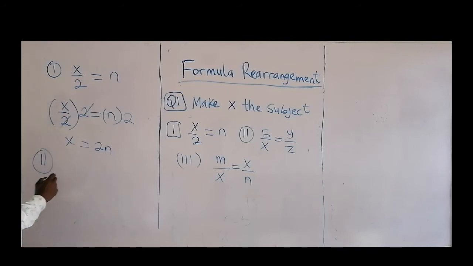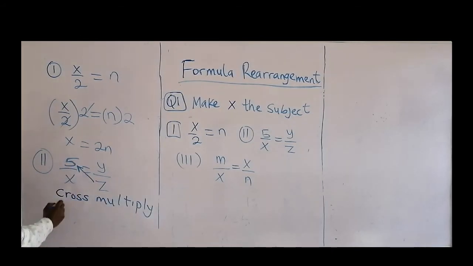Question 2. I have 5 over x equal to y over z. In this case, both sides are fractions, so what I can do is cross multiply, and that will be 5z equal to xy.